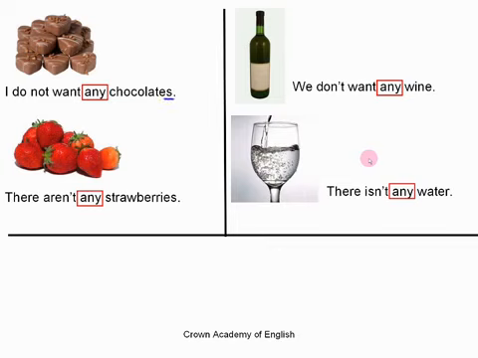And the countable noun must go in the plural. And so the verb goes in the plural for countable nouns. And uncountable nouns are always in the singular, so the verb is in the singular.